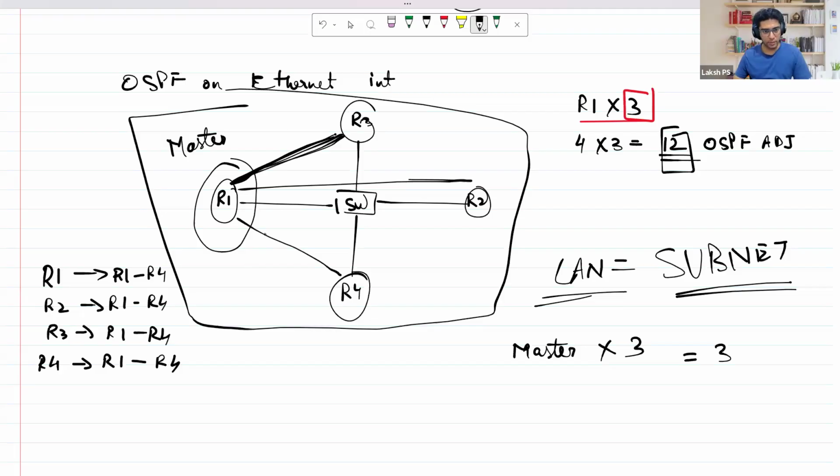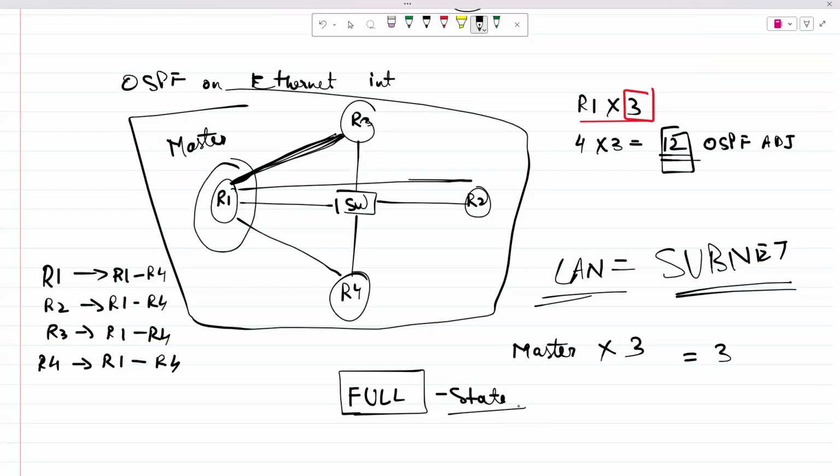Let's consider R1 as the master router. What do you mean by adjacency? Adjacency means OSPF adjacency. We saw there was a two-way neighborship and then there was a full state. When I say adjacency, it means the full state, where the two routers have exchanged their whole database.